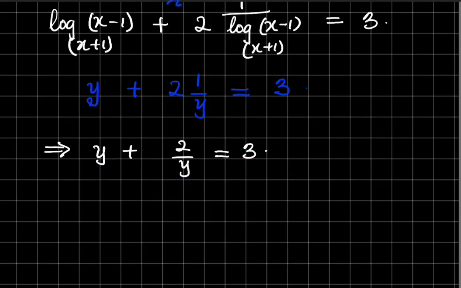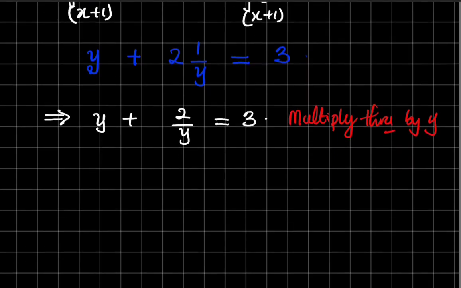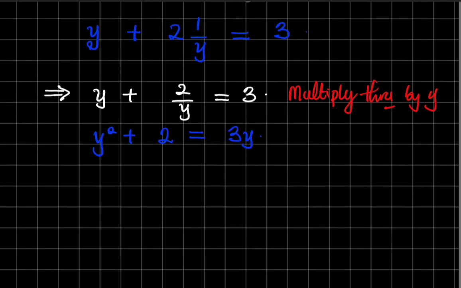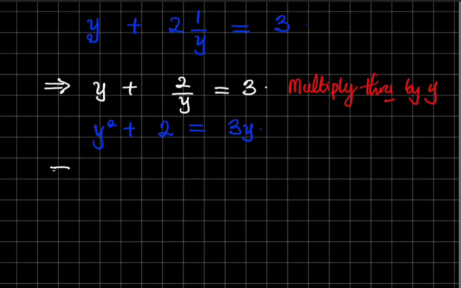So if we multiply through by y, so that we can have a simplified form, y times y will give us y square plus ordinary 2 is equal to 3 times y, which gives 3y. Hence, what we have here becomes a quadratic equation.